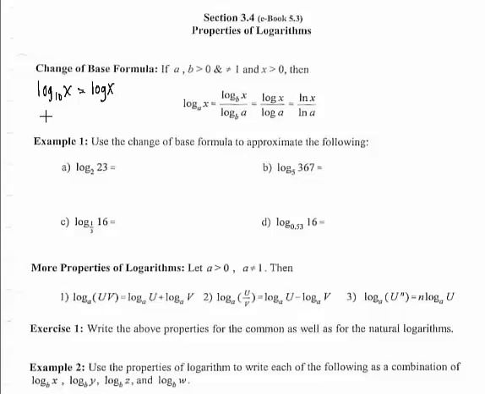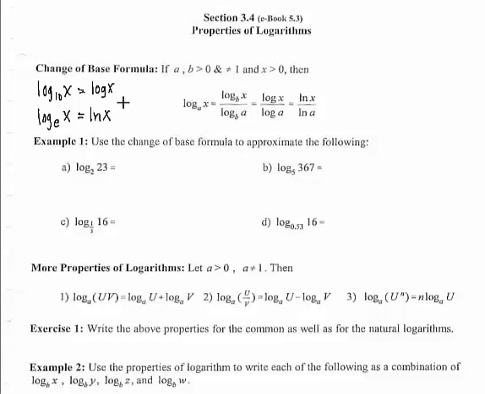Then we have the natural log. It has a base of e, and e is approximately 2.71. It's an irrational number, but with the base of e, we write ln of x. And these are two standard buttons on most any scientific calculator.